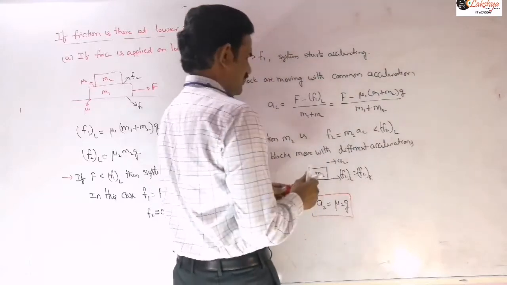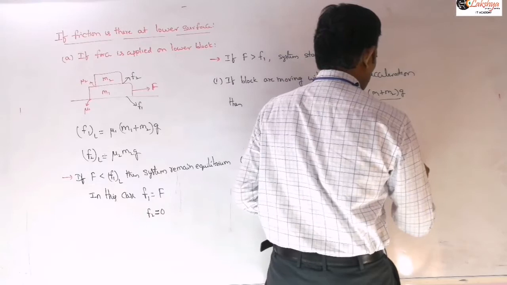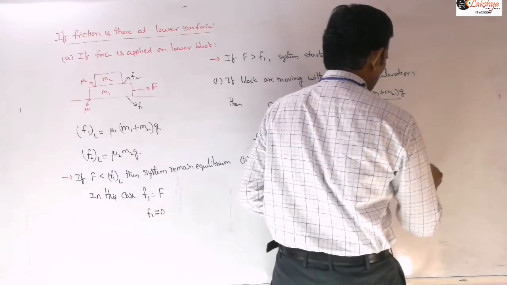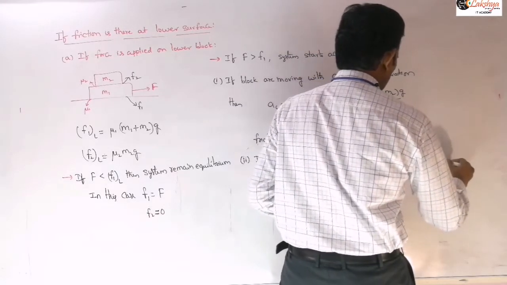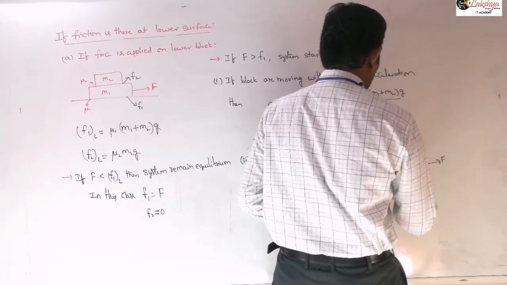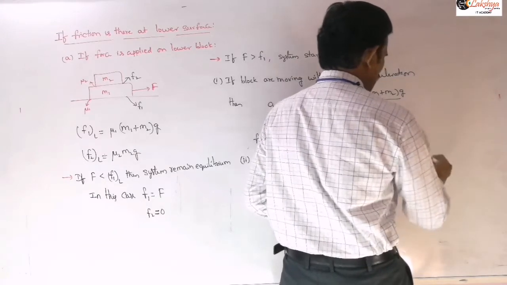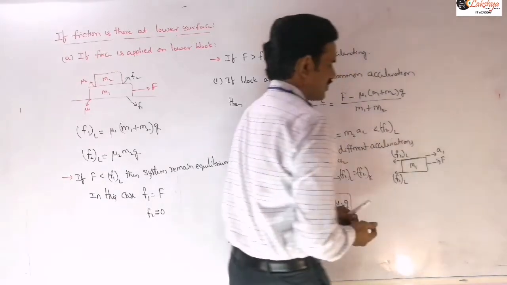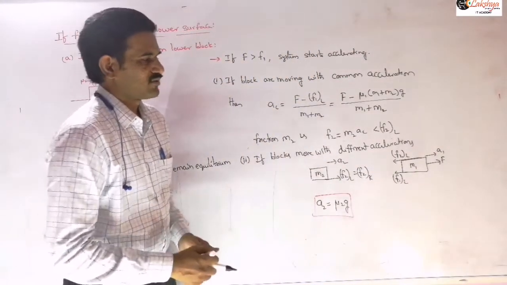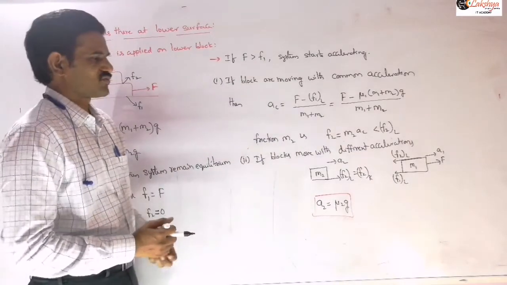And the acceleration A1 you may write like this. If I consider the free body diagram of M1, this applied force is there like this. Here the frictional force F2 limiting will be along this direction, and F1 limiting will be along this direction. Now it is moving with some acceleration A1, right? If kinetic is given, then you need to take kinetic frictions.